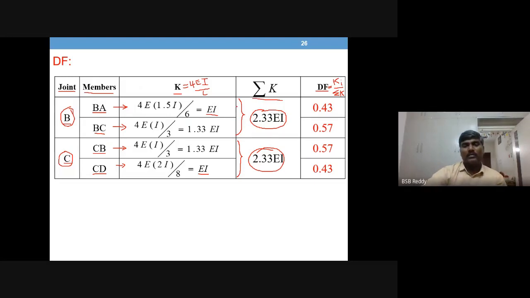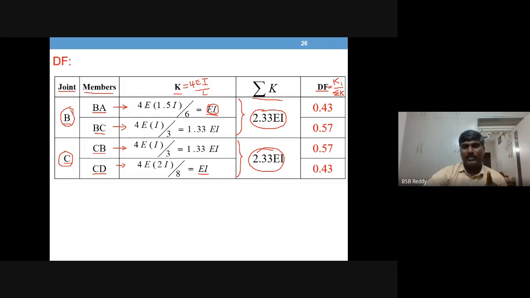So now for BA, what is the distribution factor? K of BA, that is EI divided by sigma K of the joint where BA is there. What is the joint?